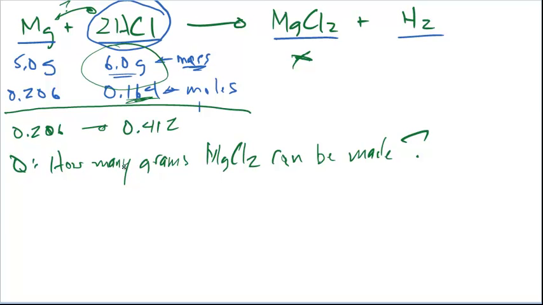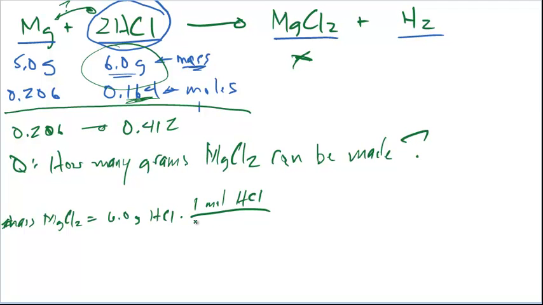So the mass of magnesium chloride equals, okay, the given 6.0 grams of HCl, and then the first thing we do is multiply that by 1 mole over the 36.5, the molar mass of HCl. Okay, so that converts the grams into moles.